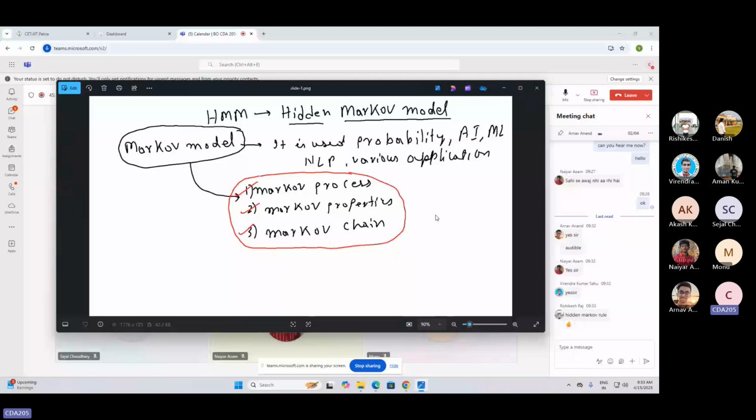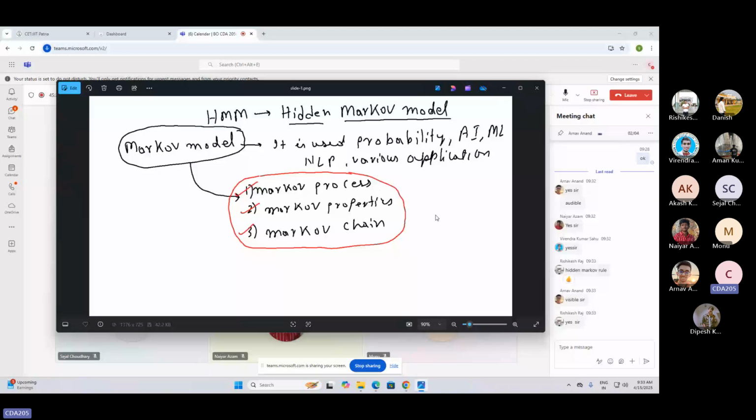We have to study the hidden Markov model. But before that, we have to go through the Markov model, which has three topics: the Markov process, Markov properties, and Markov chain.